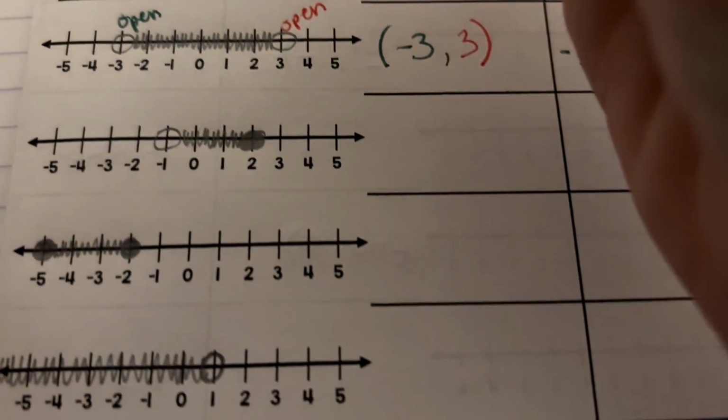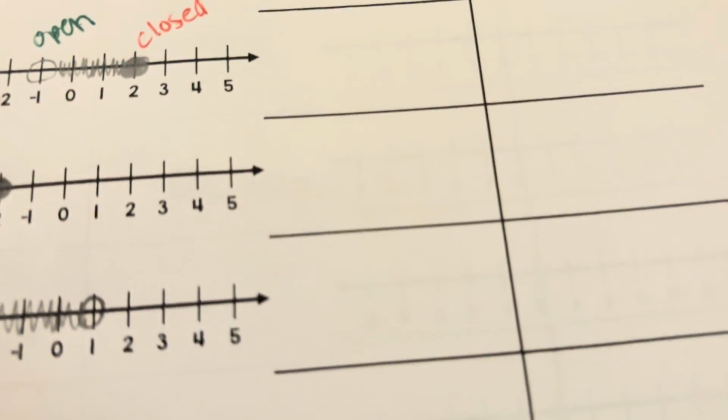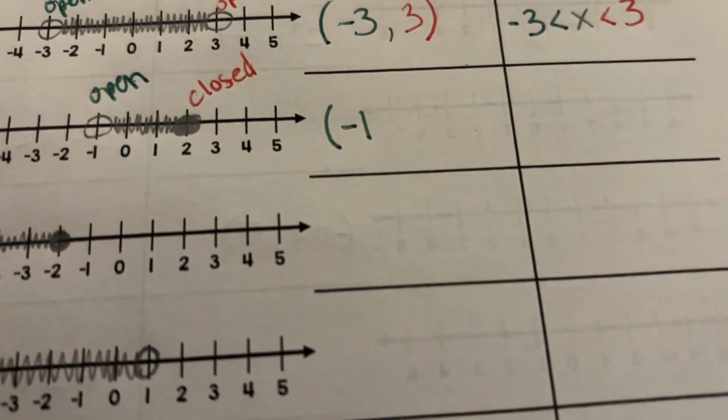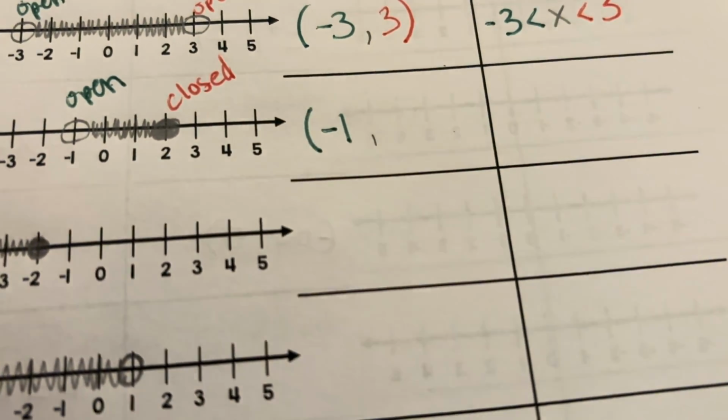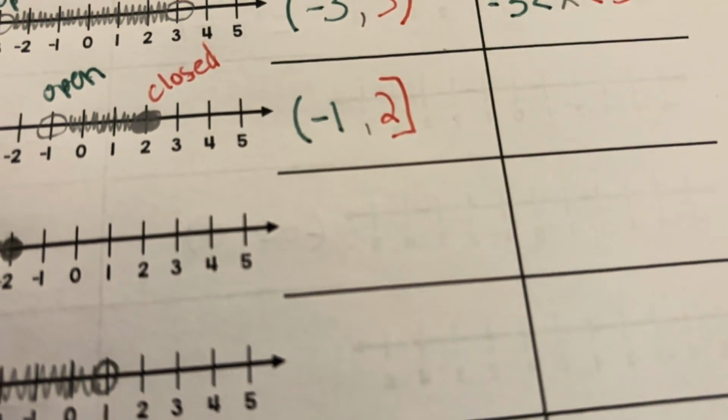All right, next, we got an open dot, and then we got a closed dot. Because of that, we start with a -1 and a round bracket because it's open, comma in between these, and then we go to a 2, but this time it's closed, so we use a square bracket, very obviously square.